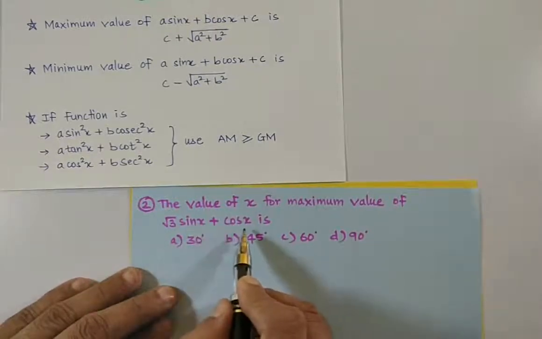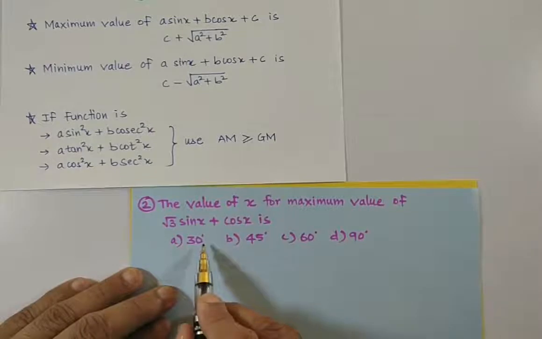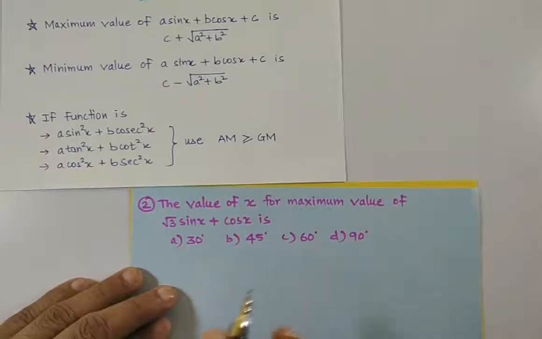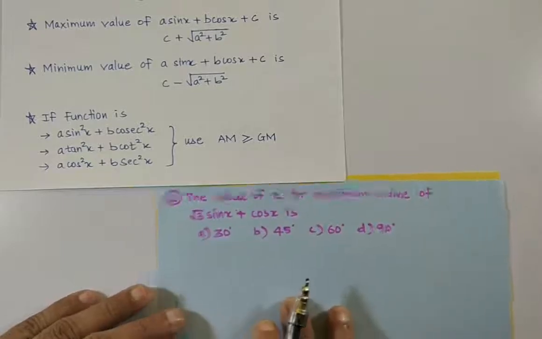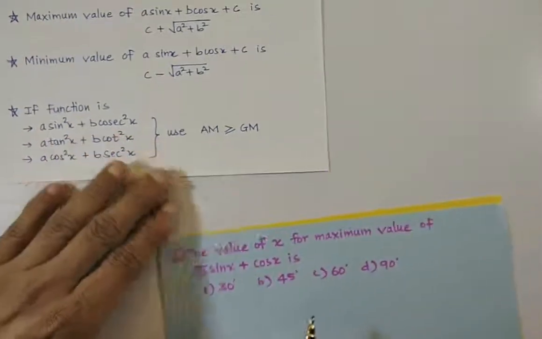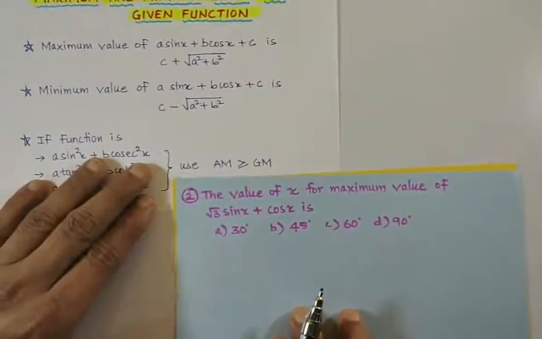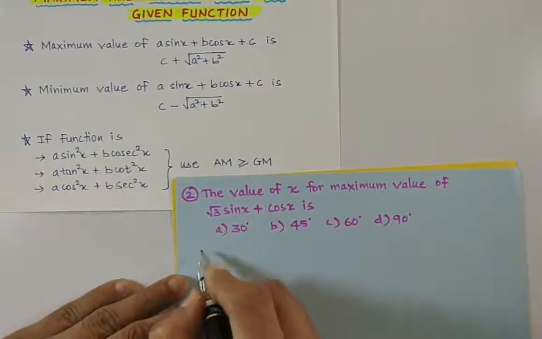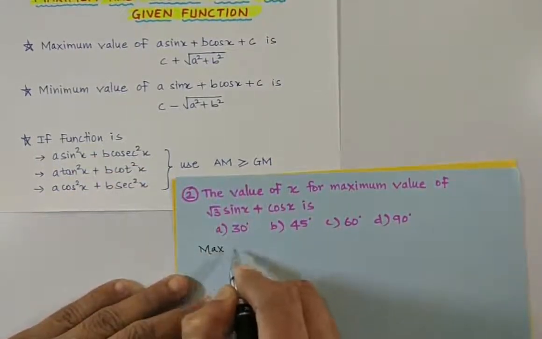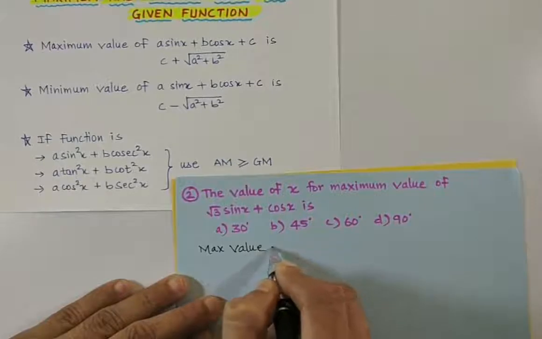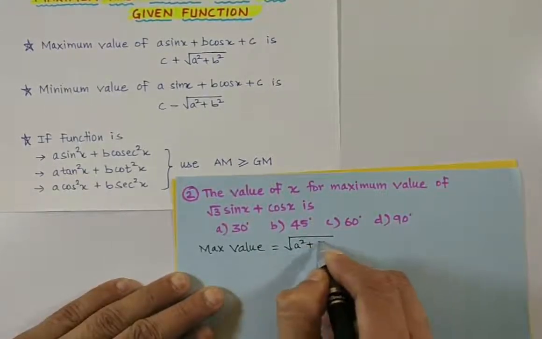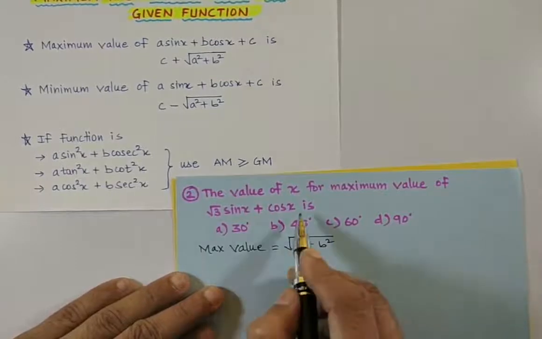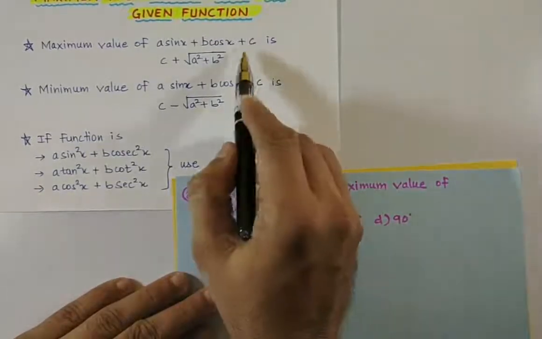Similarly, if I take the second one: the value of x for the maximum value of root 3 sin x plus cos x is 30 degree, 45 degree, 60 degree, 90 degree. Here you are required to find the value of x. So first I will find its maximum value. The maximum value is equal to root of a square plus b square, because here the c term is not there, meaning c is 0.